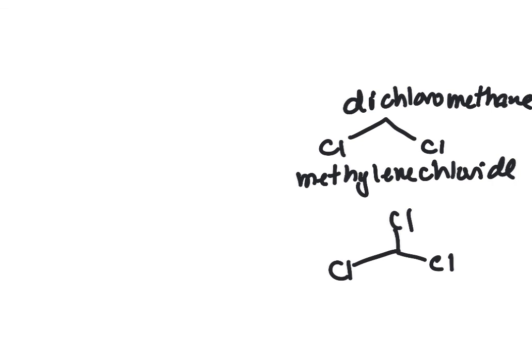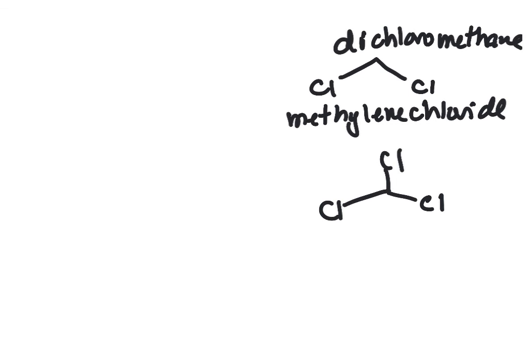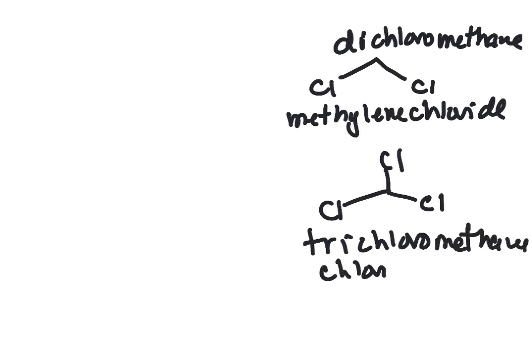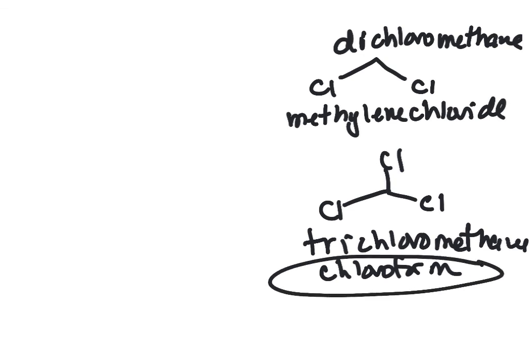So you need to be able to realize that they are the same thing. The final compound where you have to memorize the trivial name, here the IUPAC is trichloromethane. Common name for this is chloroform. Again, you have to have this memorized because most people don't call it trichloromethane, they call it chloroform.